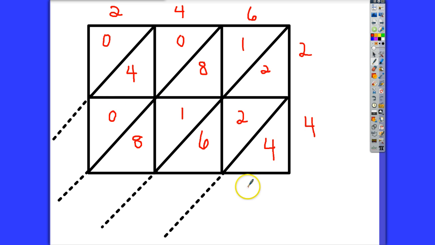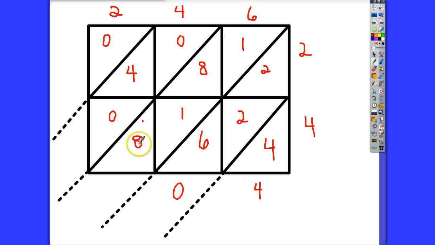Now I'm going to follow my diagonals, and I'm going to add up everything in that diagonal row. Well, I only have a 4 here, so I'm going to write the 4. Now I've got 6 plus 2 is 8, plus 2 is 10. I'm going to write my 0 for the 10, and I'm going to carry a 1.